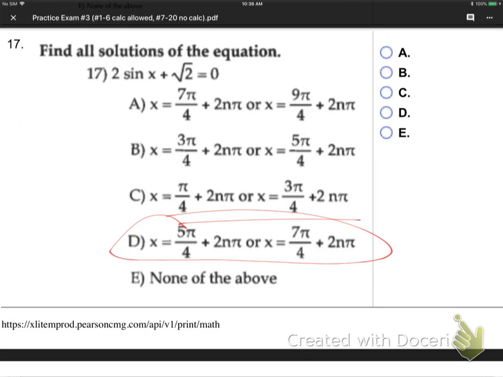All right, let's look. See 2x. So let me write it out. Cosine 2x equals root 3 over 2. Yeah, so let me just write a note.